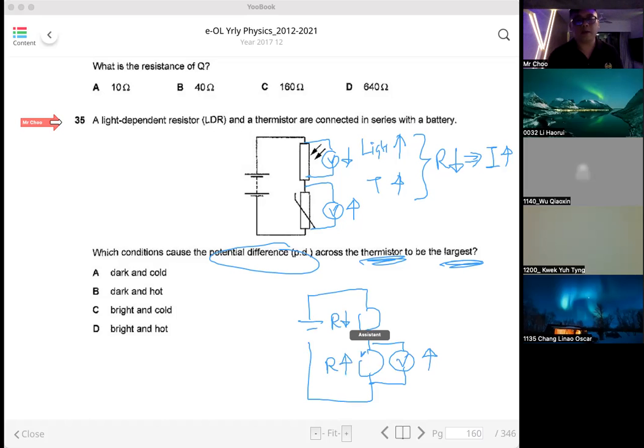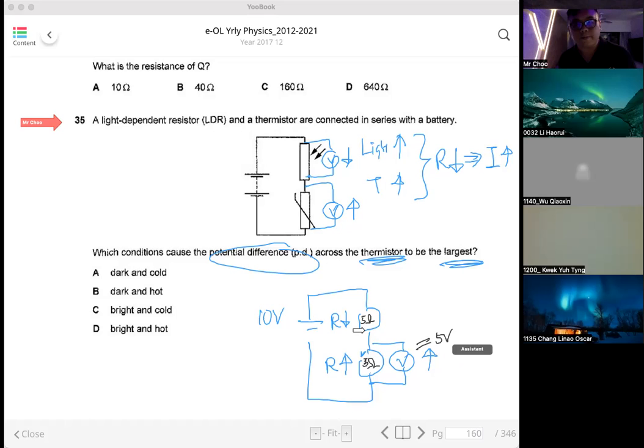Does it make sense? Using the potential divider theory, if I want this PD to be the highest, my resistance should be very, very high. This resistance should be very, very low. I'll give it as an example. If this is a 10-volt battery, and this is 5 ohm and 5 ohm, this will give you 5 volt.